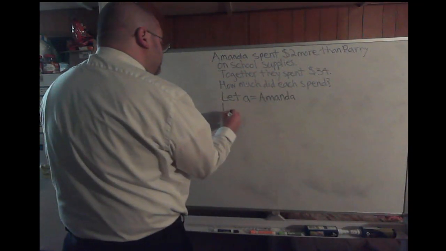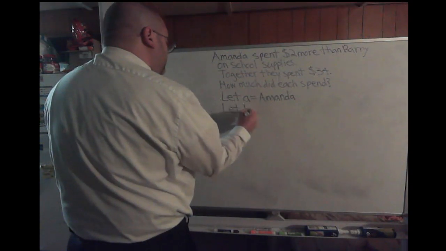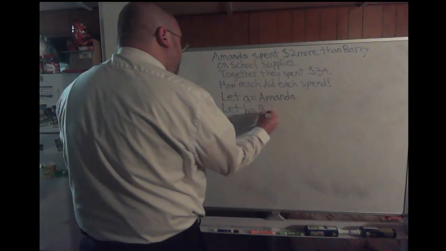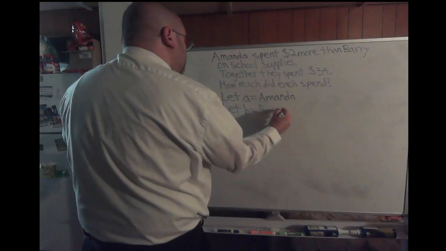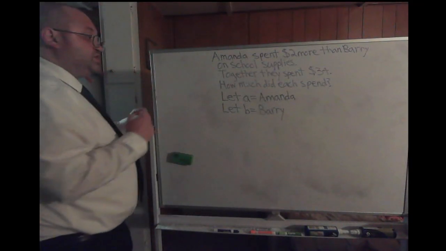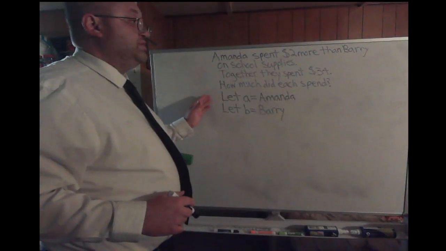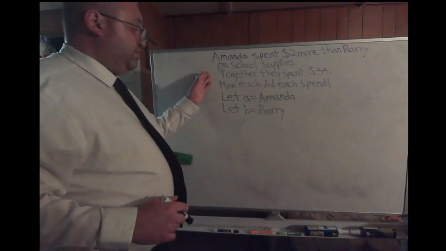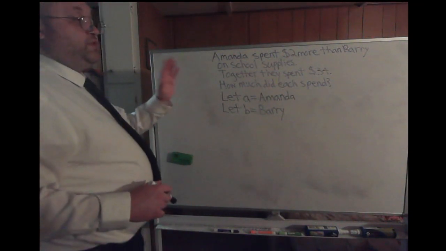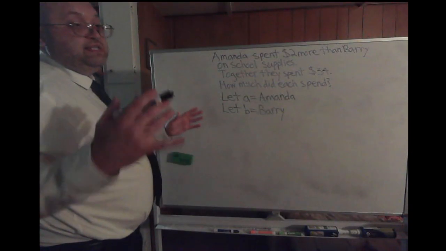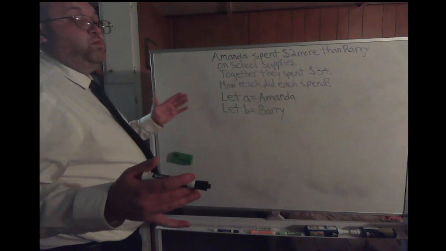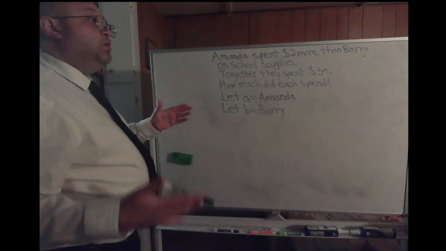Then it only makes sense to let B equal Barry. So that's the biggest part to start with, is using your let statements to define variables for each person. You know, for the amount they spent, or the amount of distance they went, or amount of calls they made, what have you.